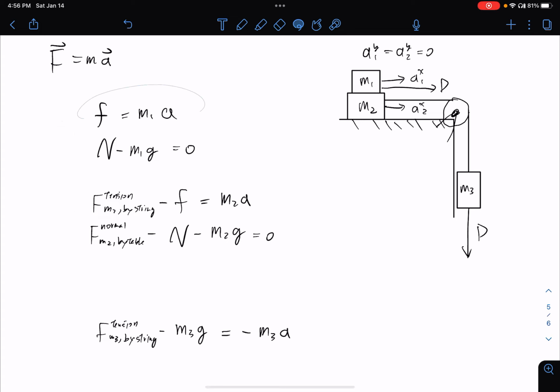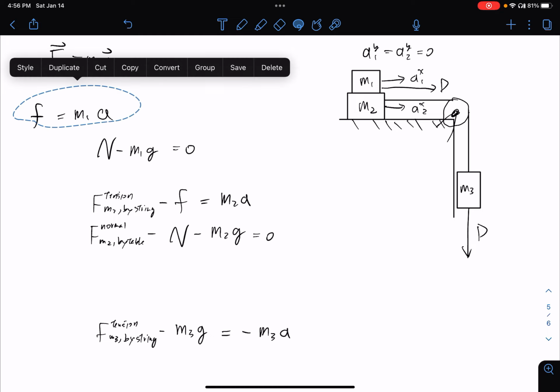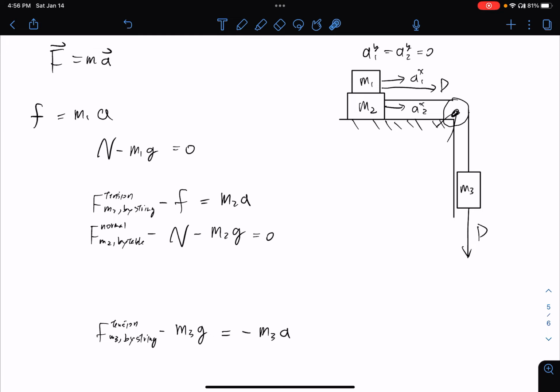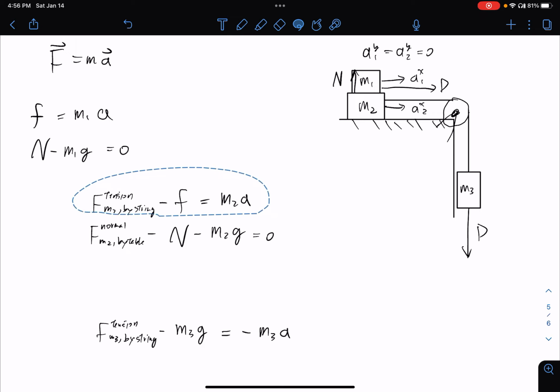So we have the friction on m1 should equal its mass times acceleration. Here we can tell how big the normal force is. This is the normal force. Here we can tell how big the tension is.